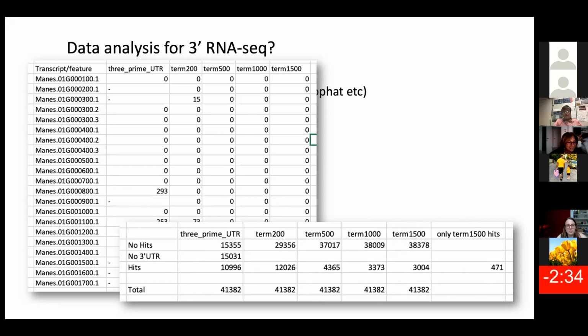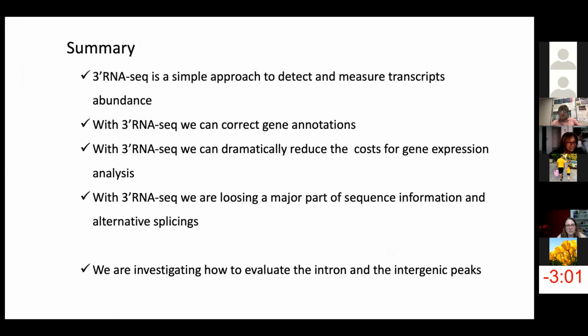So the next step, of course, will be to do further analysis of these false positive hits of the 3' UTR, and then apply, as a first experiment, this expression analysis with this 3' tag sequencing in our experiments.